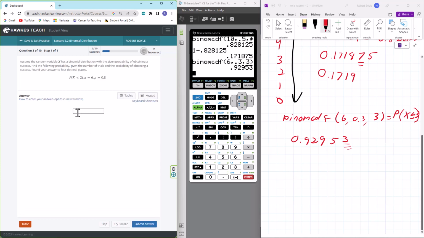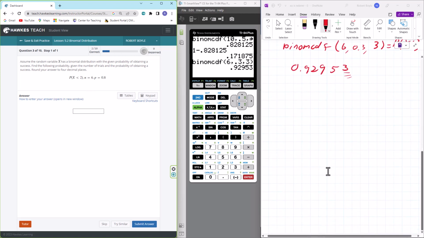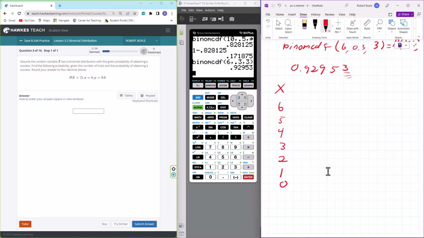Okay, now this one we want to compute the probability that x is less than 2. Now to do this, we need to write down our values of x just to make sure we get this right. So x, since we have 6 trials, can take on the values 6, 5, 4, 3, 2, 1, and 0. The event of x being strictly less than 2 is the event of x being either 1 or 0.